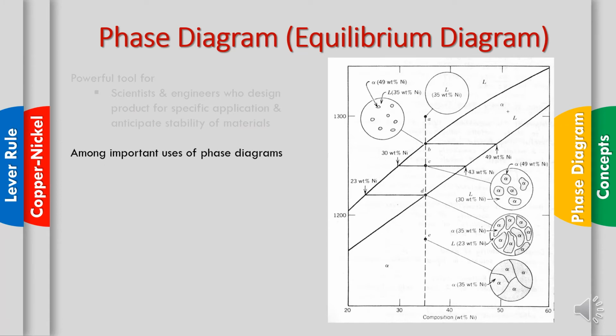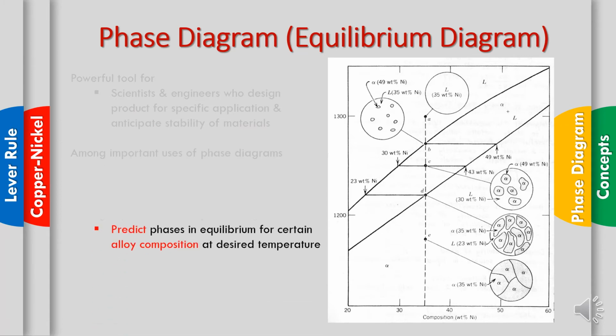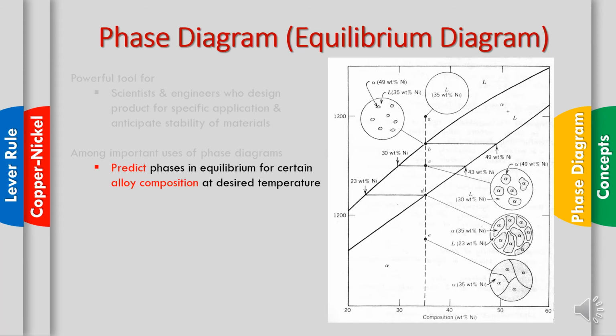Among the important uses of the phase diagram is to predict the phases in equilibrium for a certain alloy composition at the desired temperature. So maybe we have a certain composition of alloy, and at a certain temperature we want to project what is happening in terms of phase equilibrium.